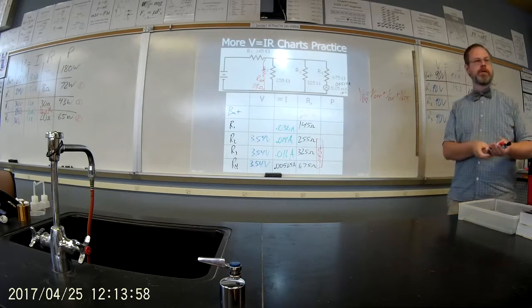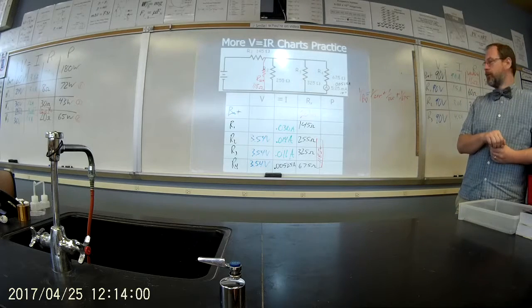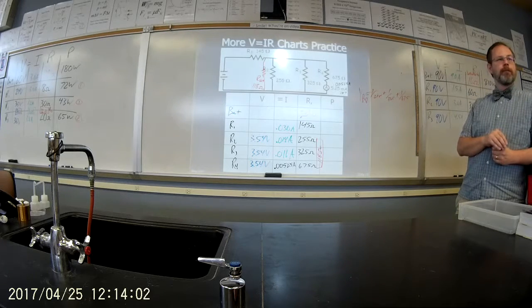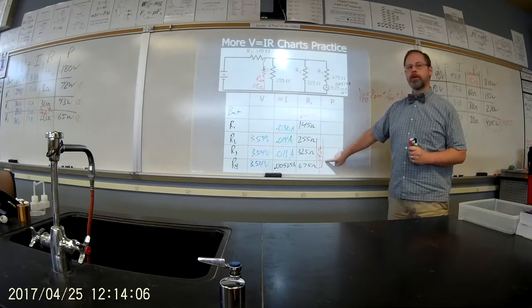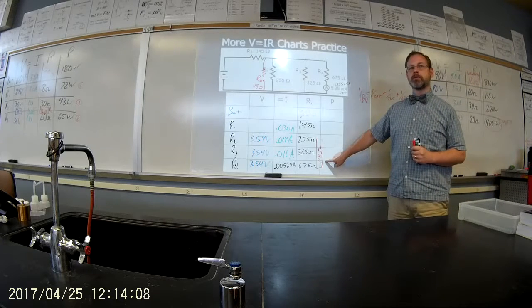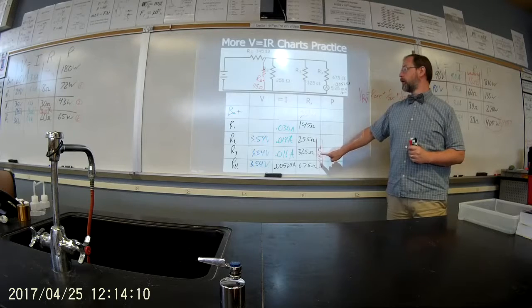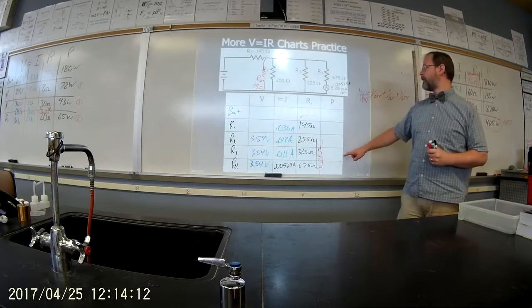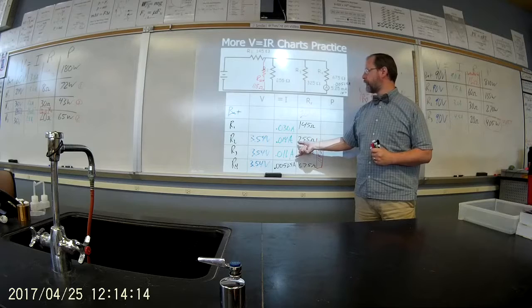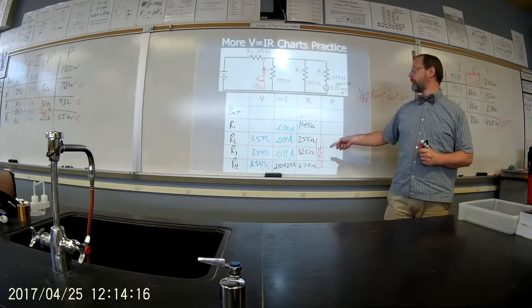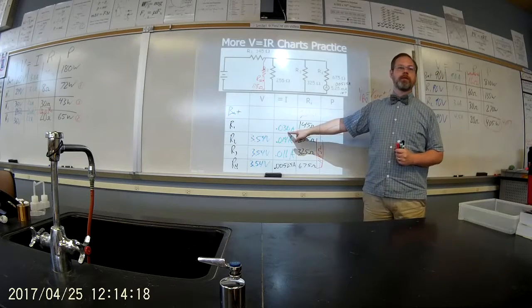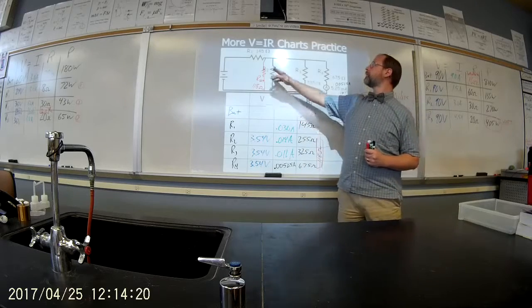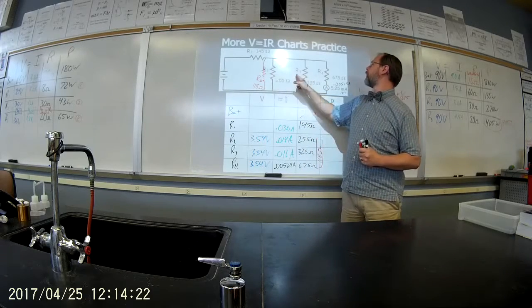Jared. Okay, so I thought you said if we added up the currents of R2, R3, and R4, the red box, that also equaled R1's current. So the virtual resistor, if you wanted to add a virtual resistor, that current would equal this current, because whatever current left R1 got split into R2, R3, and R4.